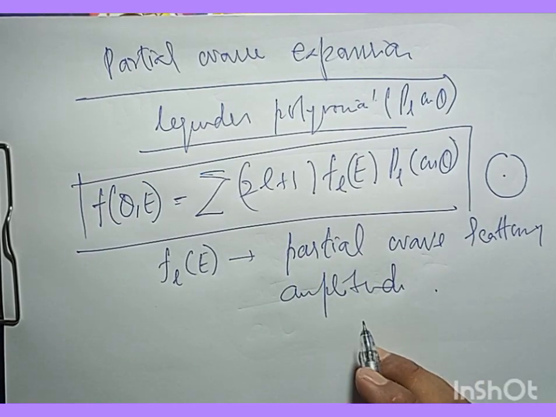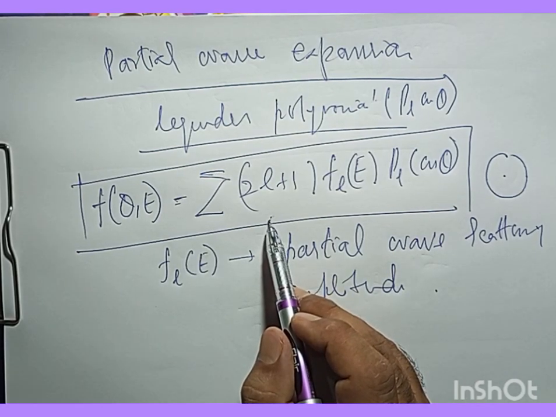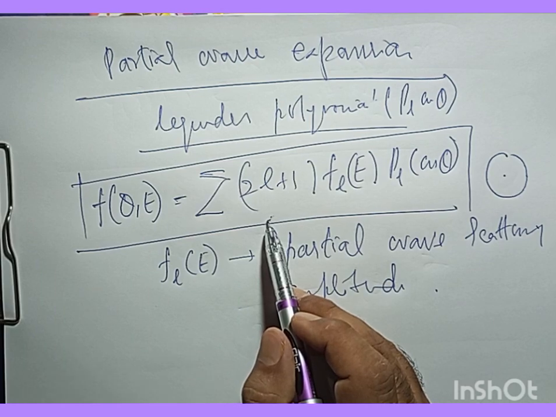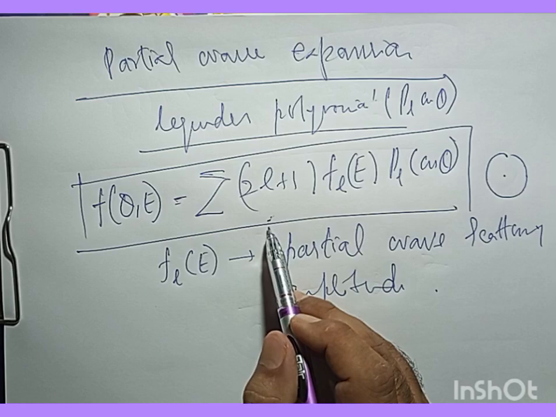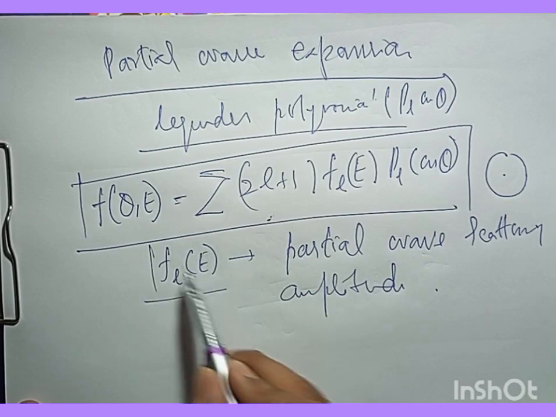And because we can have a range of angular momenta, for each angular momentum quantum number L, we have f_L(E).